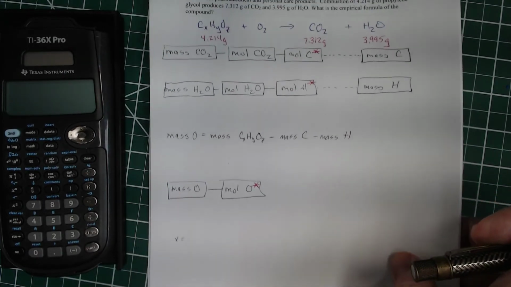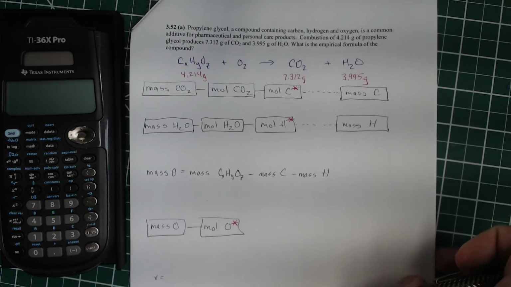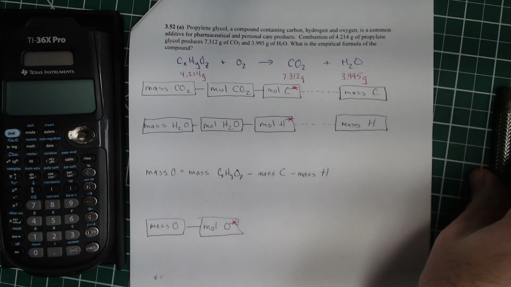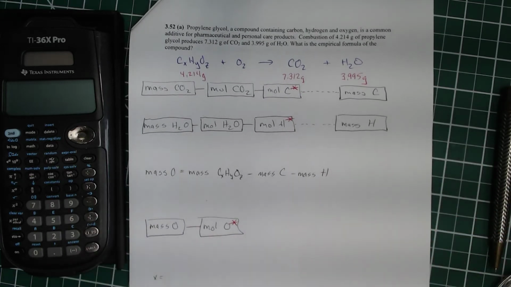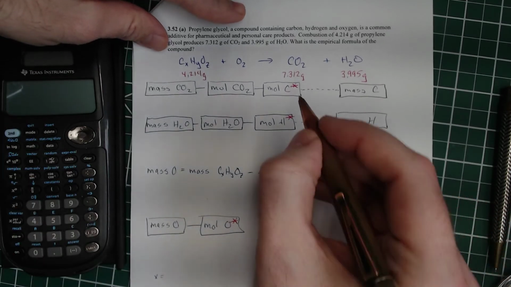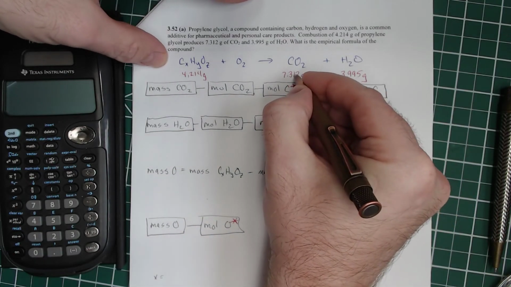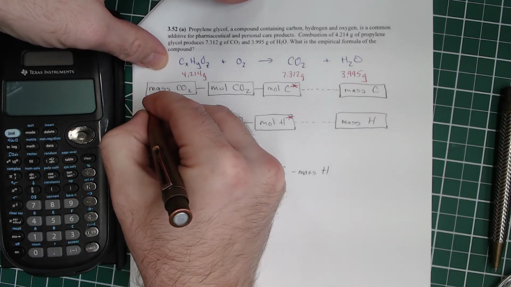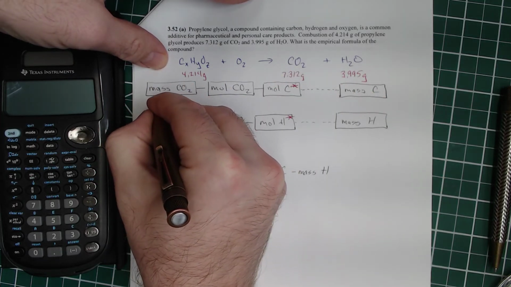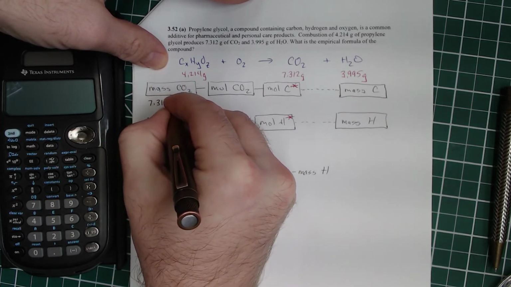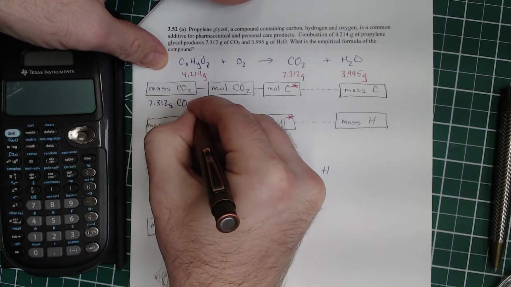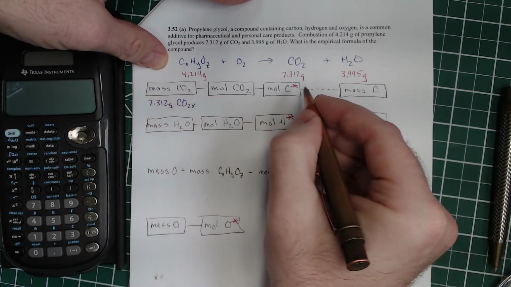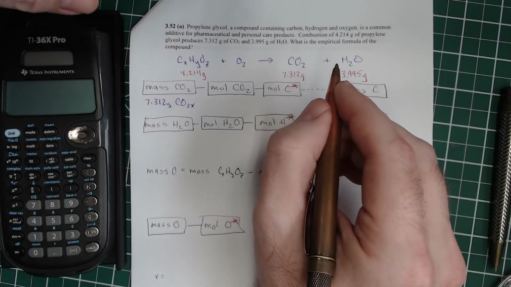So there's a lot of steps here, but if you're systematic and you write out a plan like I just wrote out, then you will come up with the right answer. All right, so let's take the 7.312 grams of carbon dioxide. So 7.312 grams of CO2, and we're going to divide by the molar mass of CO2.